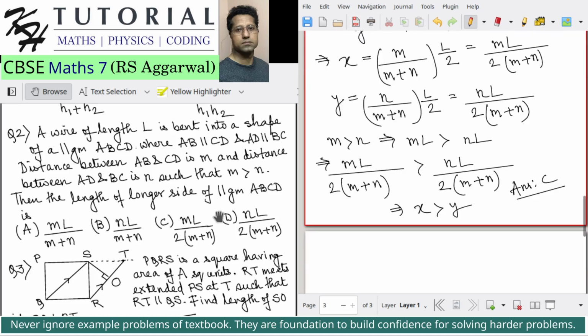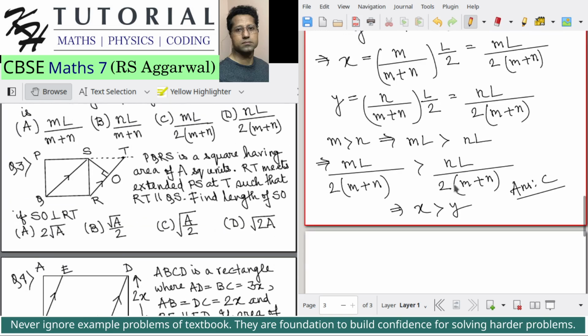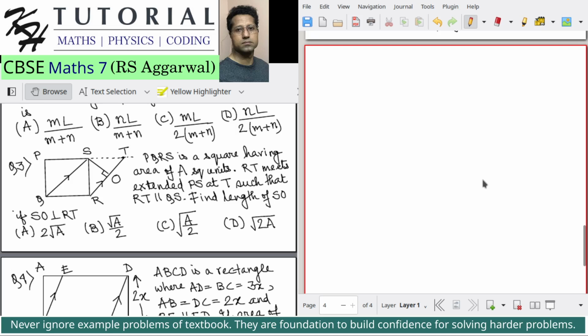Okay, let's do the next problem, problem number 3. A figure is given. PQRS is a square having area of A square units.